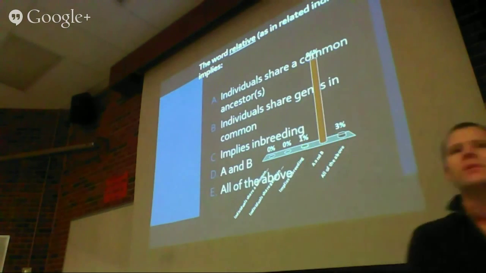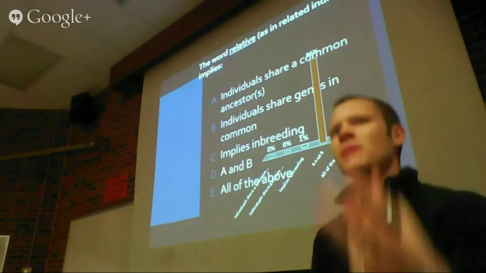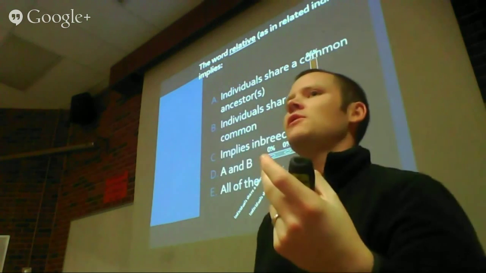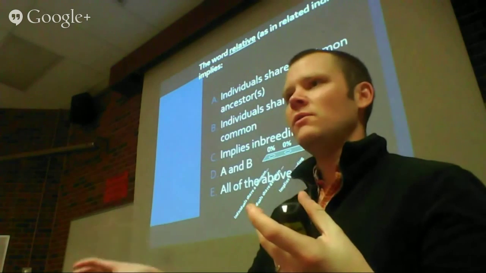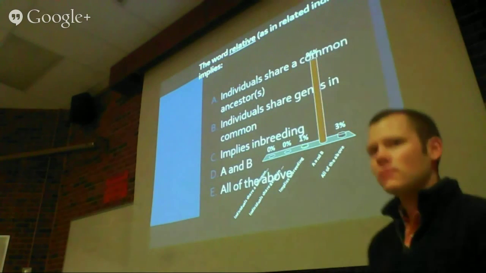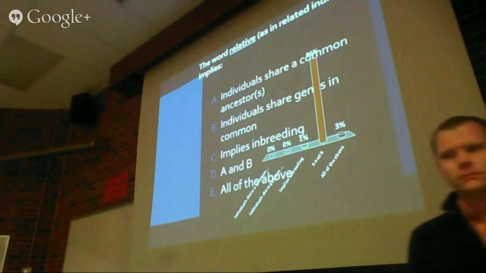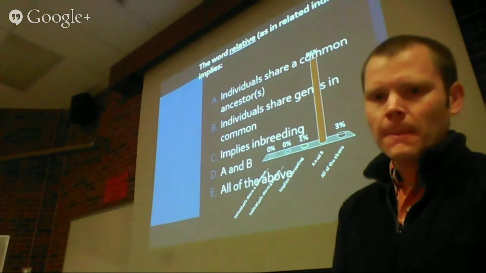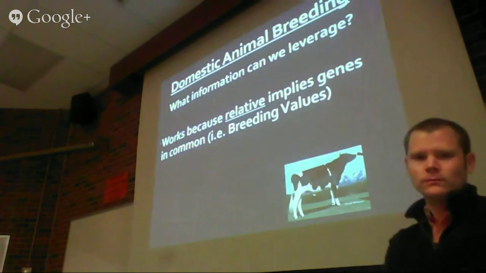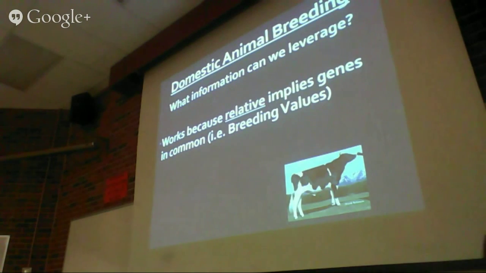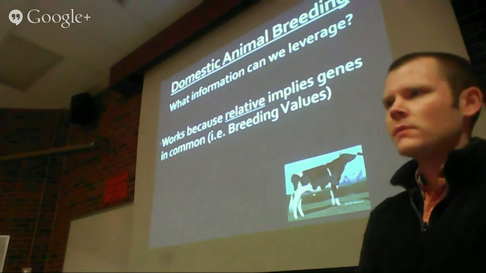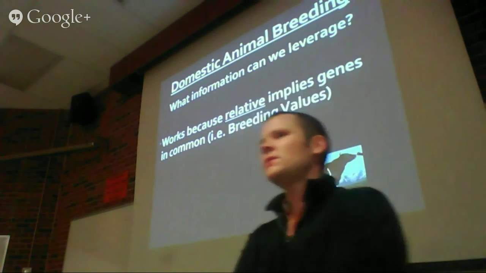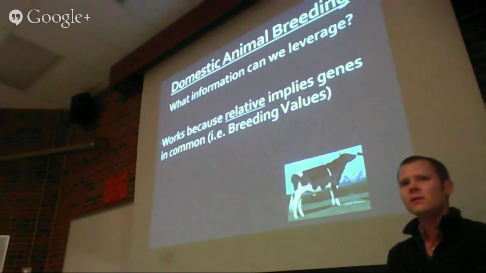So relative implies common ancestor, which implies they share genes that came from one individual, right? At some level. So what information really can we leverage given that knowledge?